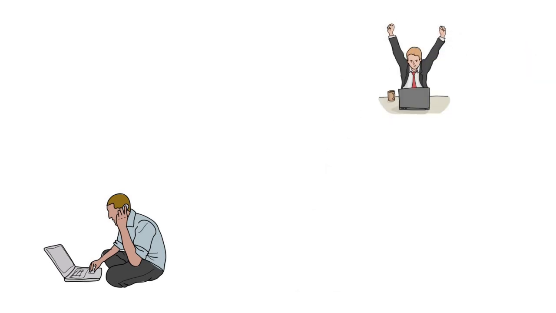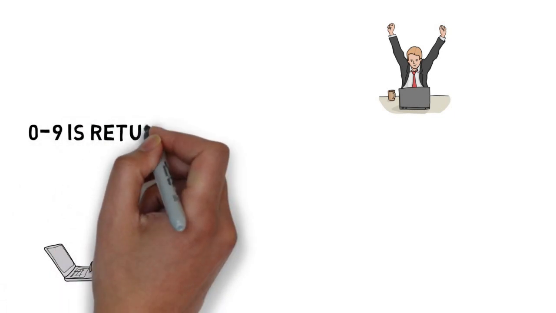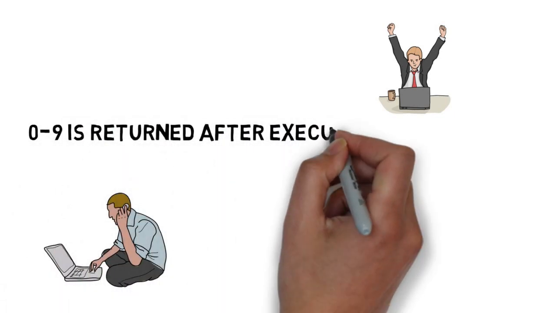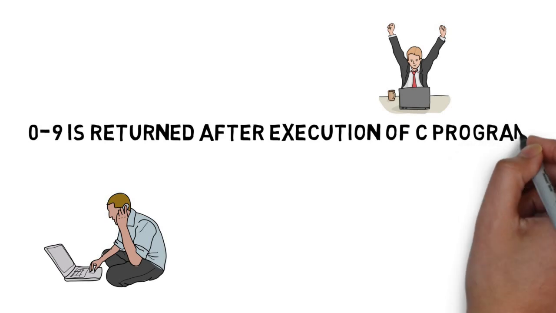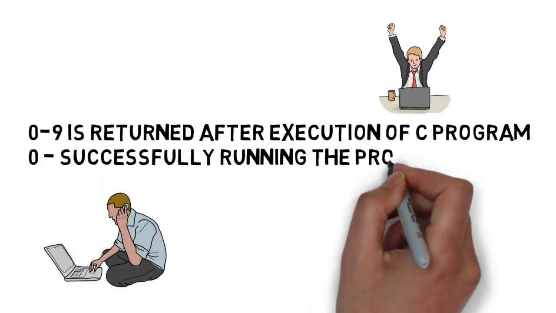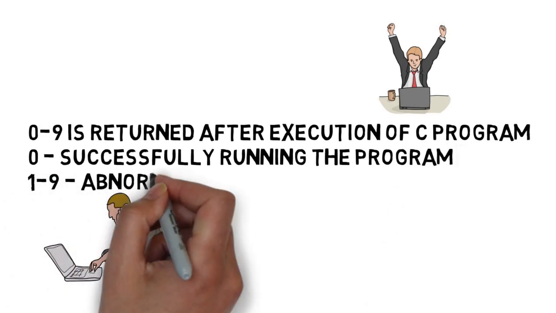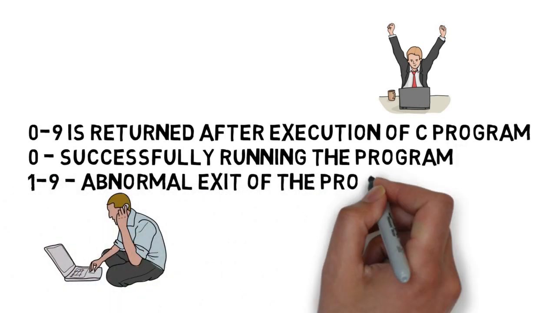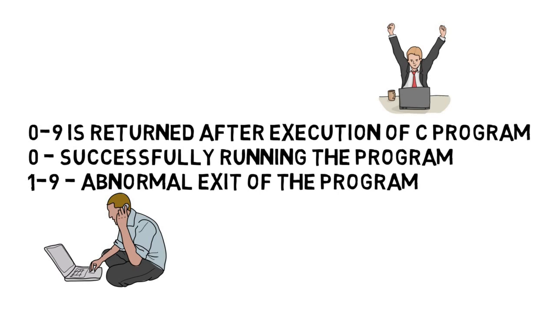and confirms whether the program has been executed successfully. The values which go to the operating system range from 0 to 9, and they have their own specific meanings. So if you are using int main, then you return 0, which indicates that your program has been successfully compiled and executed and there were no issues.